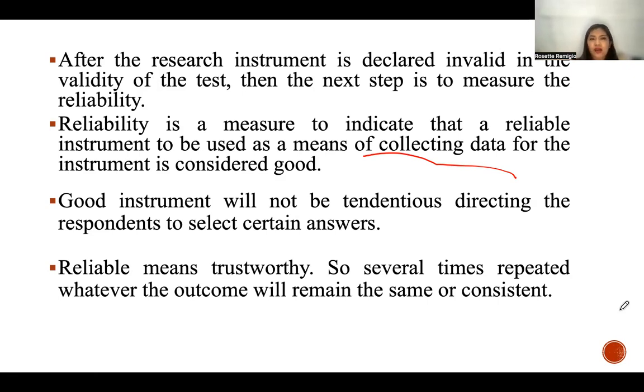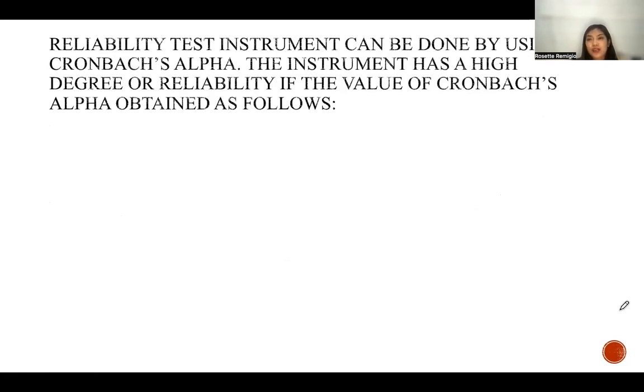Okay? So, kanina, if the validity can be computed using Pearson product moment correlation, the reliability test can be done by using Cronbach's alpha. Okay, it can be done by using Cronbach's alpha.